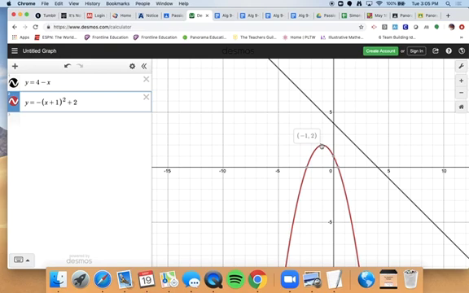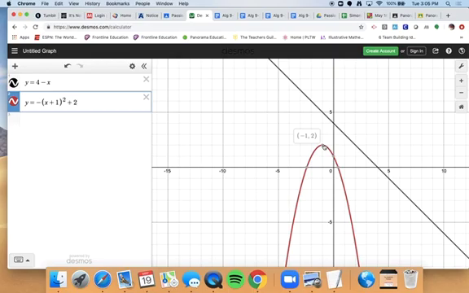So these never touch each other, and because they never touch each other, they don't have any shared points. That is the solution to both equations. So in that case, we would say no solution. So it's very similar to how you think about what the zeros are for a function when you're solving a quadratic, either by using the quadratic formula or factoring, completing the square, whatever it is.